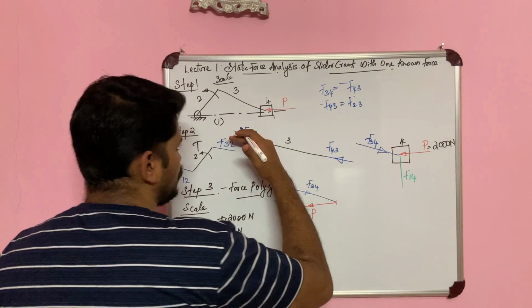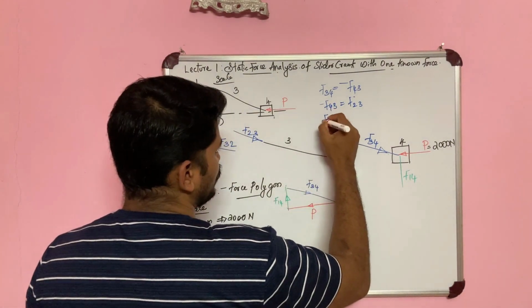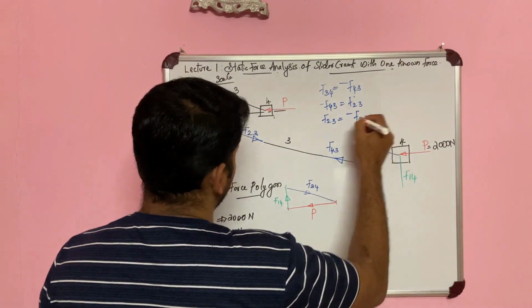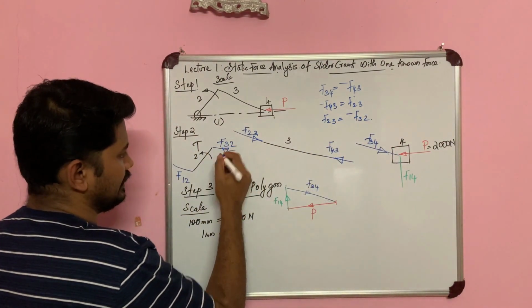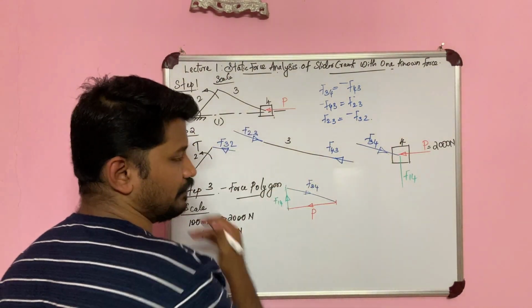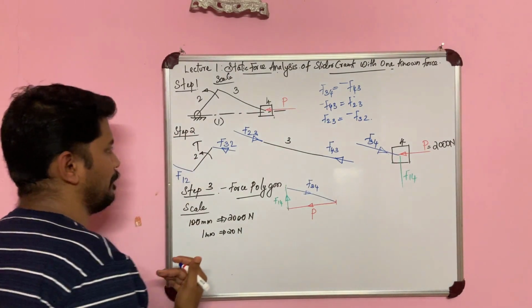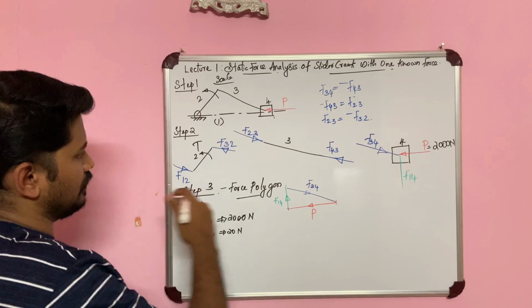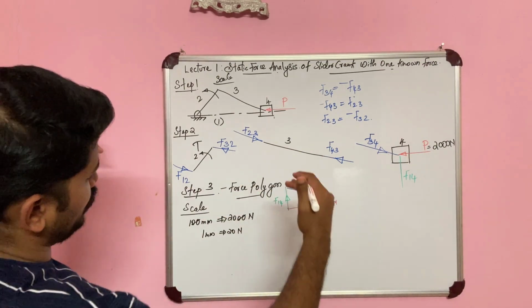Similarly, this F23 is equal to minus of F32. So here F32 is acting in the opposite direction to F23 but parallel to it, and F12 will also be acting in the opposite direction to F32.